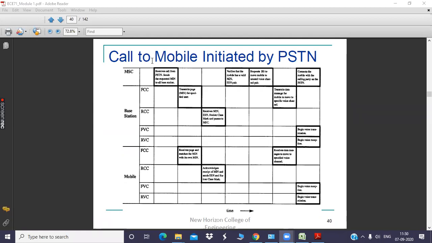Now coming to the third time slot. Once this mobile user has checked his MIN number and verified it, what he will do is he will acknowledge the receipt of MIN, and send the ESN number and station class mark to the base station. Okay, after this you have to go to this particular stage.